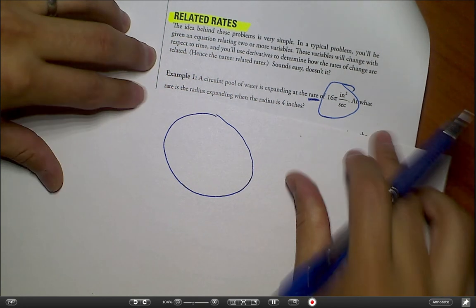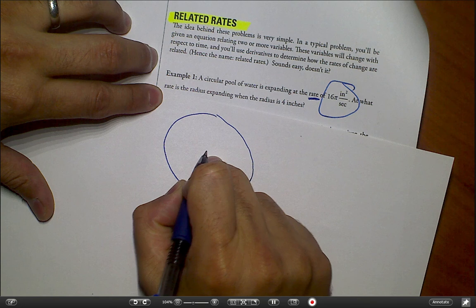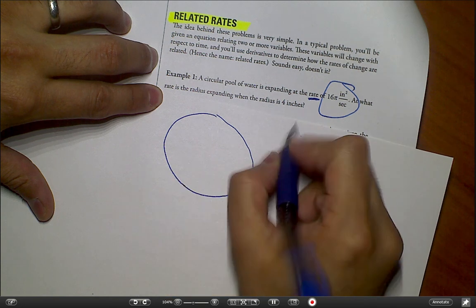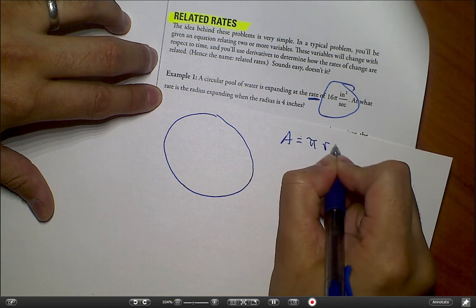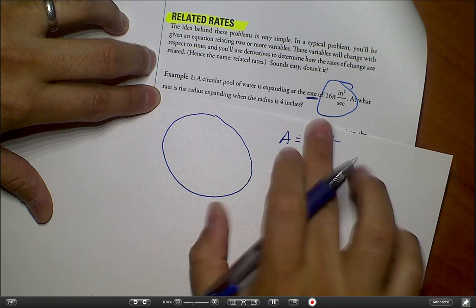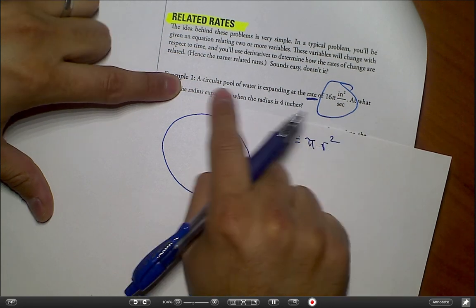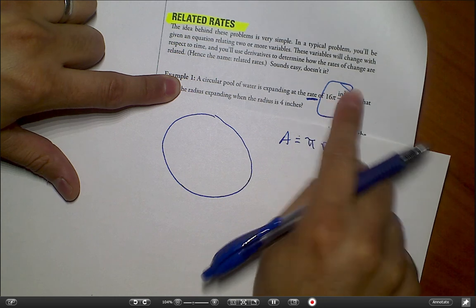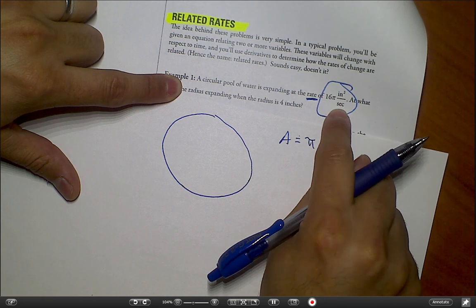So let's see. My first is going to be the formula of a circle, so my area is equal to pi r squared. My rate, right here, is the water expanding, so this is going to be the area. Right here, it's going to be inches squared per second.